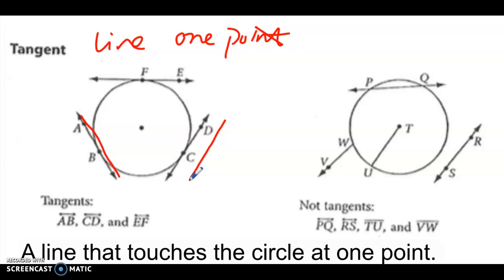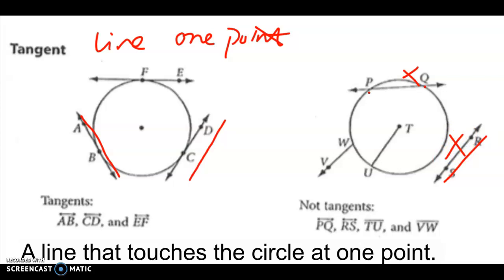And look at this one, line FQ. There are two points on the circle, so this is not a tangent. And line SR, there are no points on the circle, so this is not a tangent.